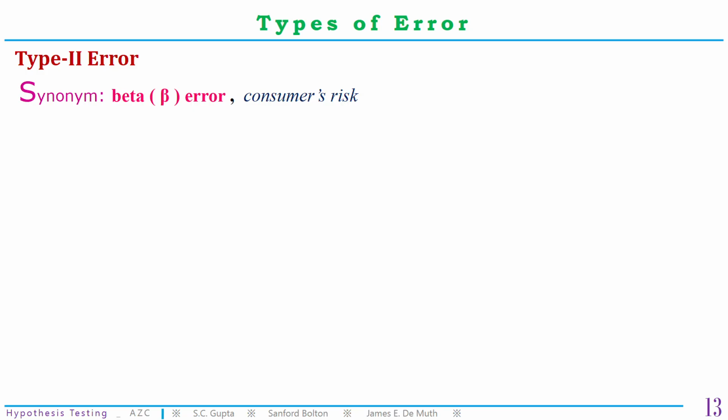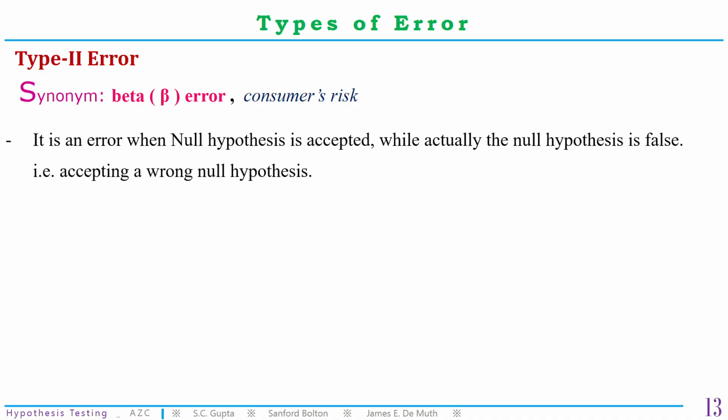Type 2 error. Synonyms are beta error or consumer's risk. It is an error when the null hypothesis is accepted, while actually the null hypothesis is false. That is, accepting a wrong null hypothesis.